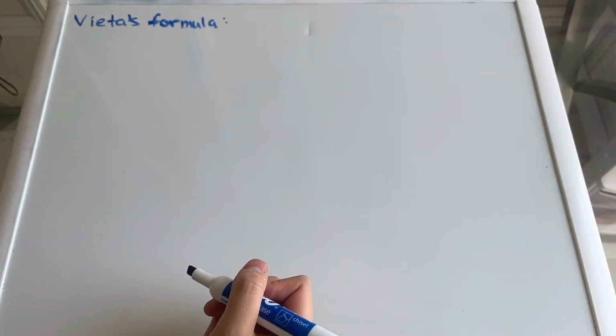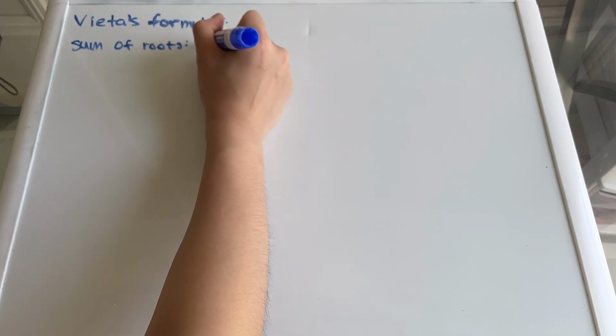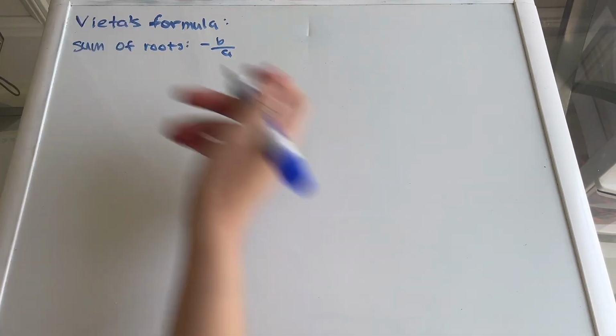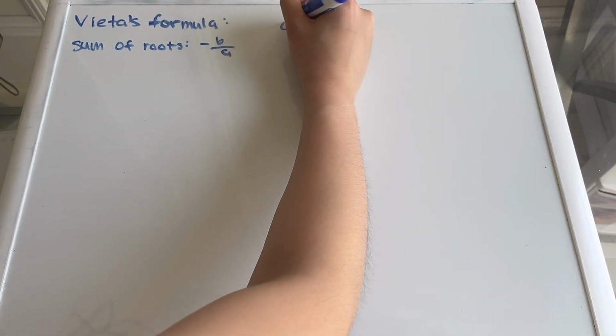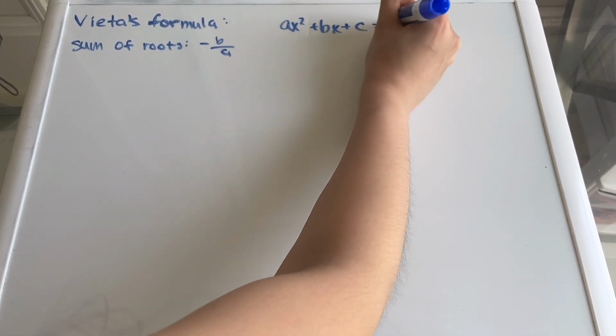So since this is a polynomial and it tells you the coefficient of the second highest power and also the constant, we can apply Vieta's formula in this situation. Vieta's formula states that the sum of the roots of a polynomial is equal to negative b over a, where the polynomial could look like, for example, ax squared plus bx plus c.